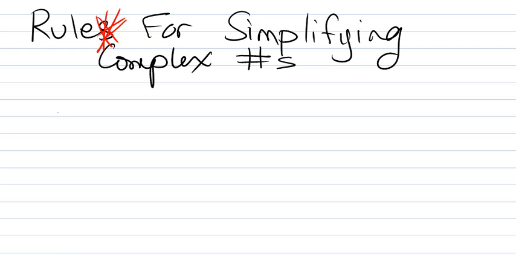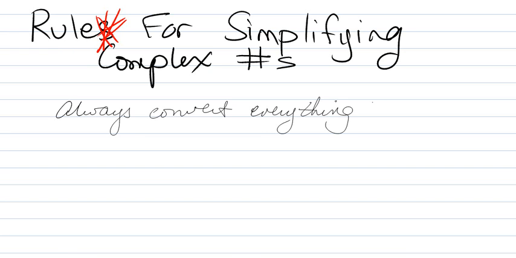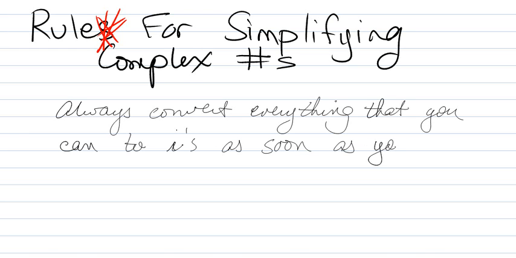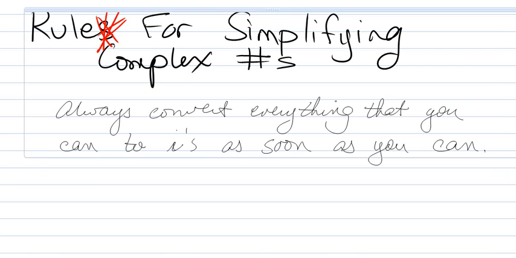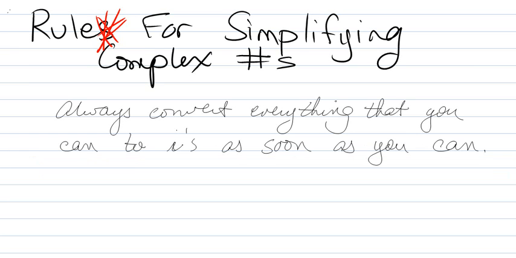The rule is this: always convert everything that you can to i's as soon as you can. Honestly, it's that simple. If you convert everything that you can to i's as soon as you think it's possible, it's actually quite nice. The numbers look better, you get rid of the negative signs right away, and it just makes things in general happier.